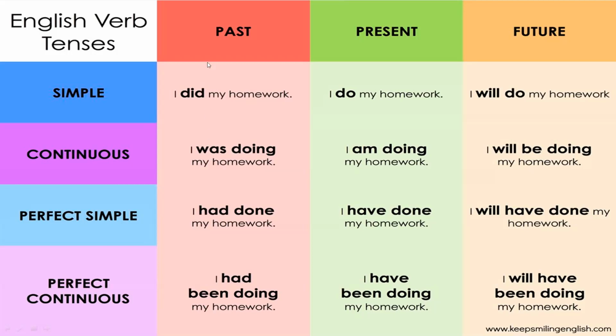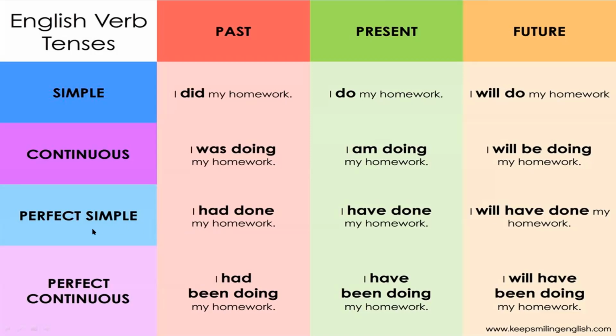Was because past, while am because present. So the continuous form in the past, I was doing, while in the present, I'm doing, because we are talking about present continuous tense.